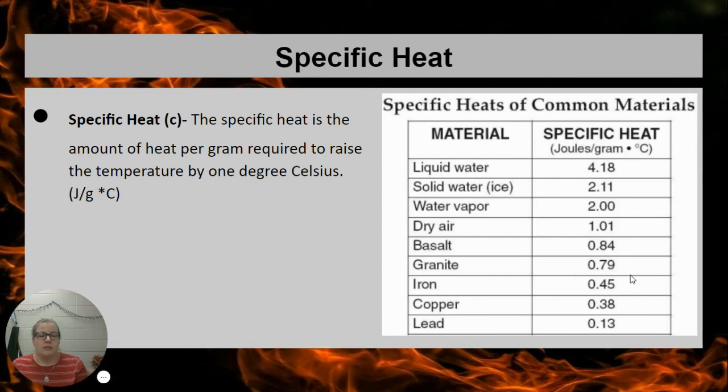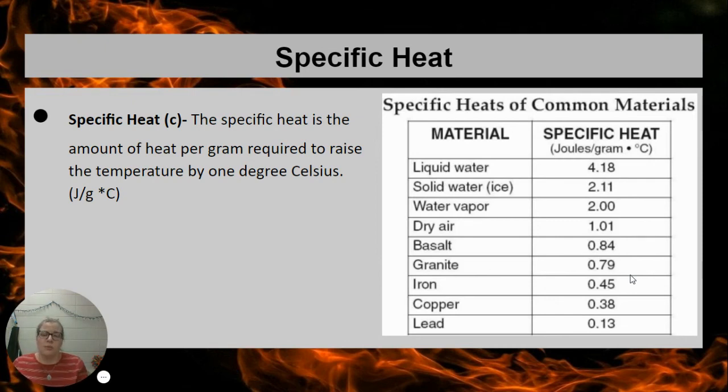So what that means is if I take a gram of lead and a gram of water, I have to add 4.18 joules of energy from somewhere, Bunsen burner, flame, sun, whatever, to move that 1 gram of water up a degree. Lead, I only have to add 0.13 joules to get that same temperature.